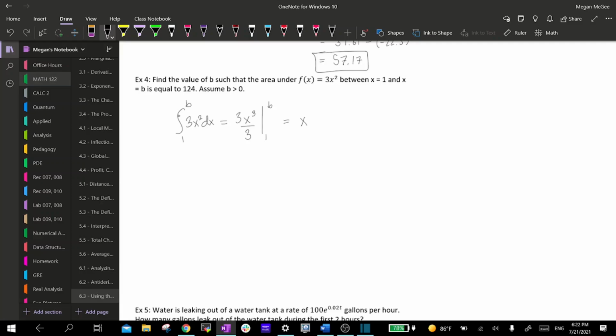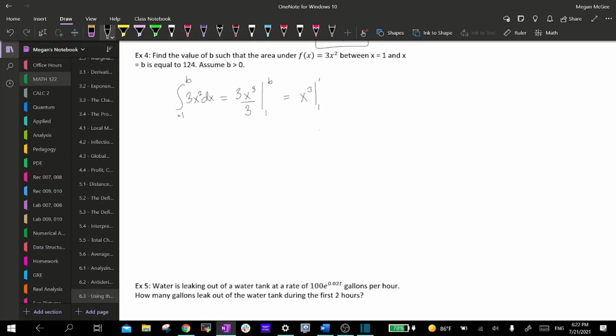So this is just x cubed from 1 to b. So we know that we have to evaluate our top bound first. So we have b cubed minus 1 cubed. All right? So that equals b cubed minus 1. So we've now found our integral, and we want that to be set equal to 124.